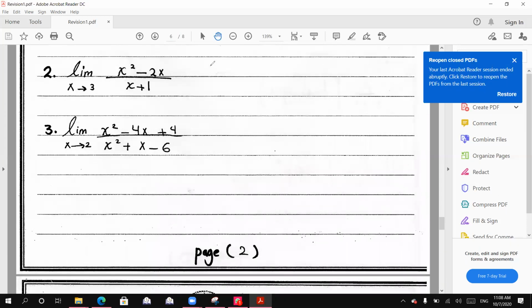Rational. Yes. Because it's rational, I have to find the zeros of the denominator. Let's find it. I will give you 1 minute.